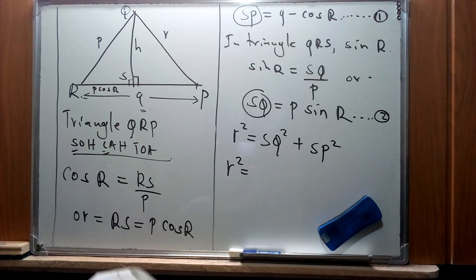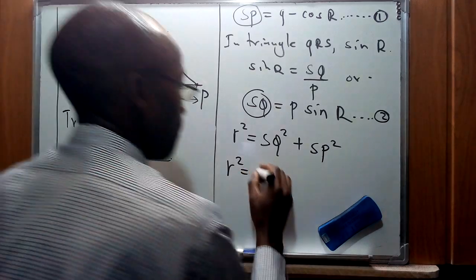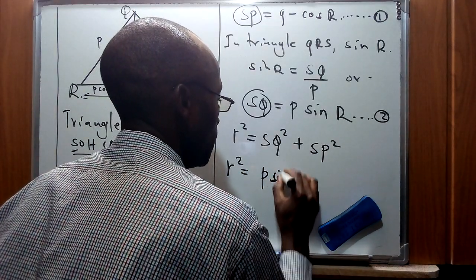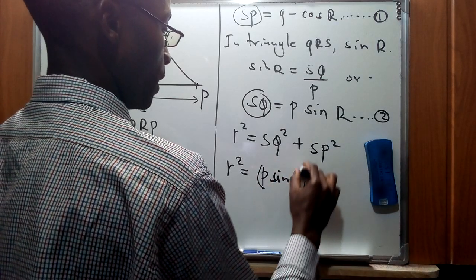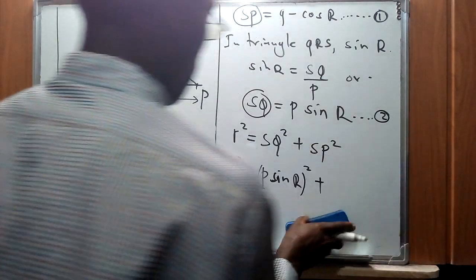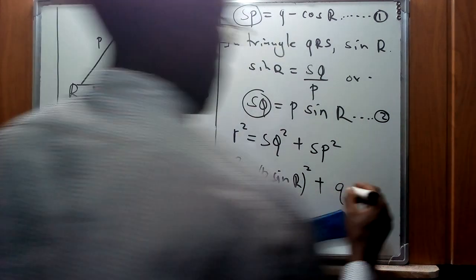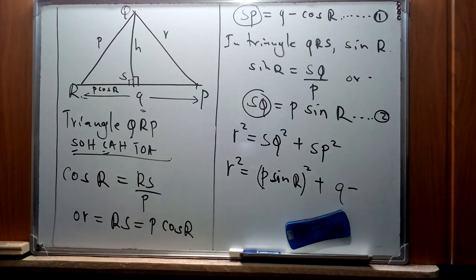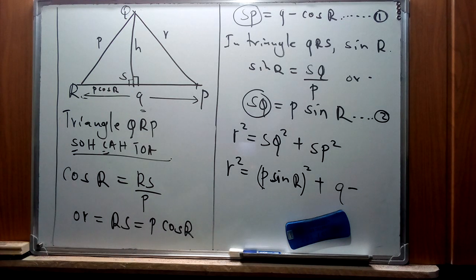this is going to be, just a minute, p sine of R, p sine of R, this has been squared, plus SP, small q, minus, just a minute.